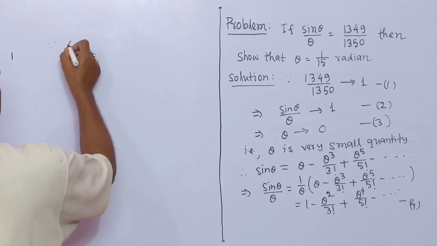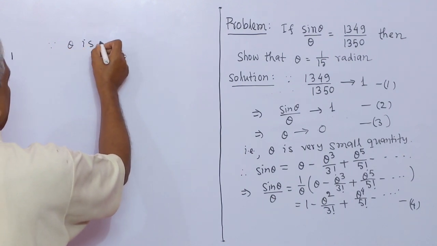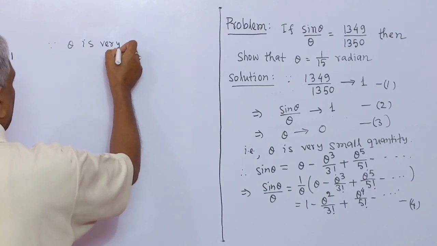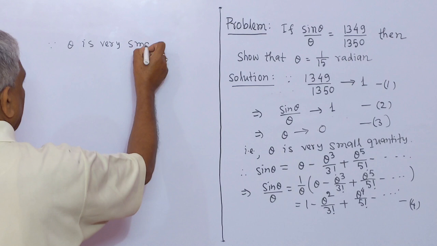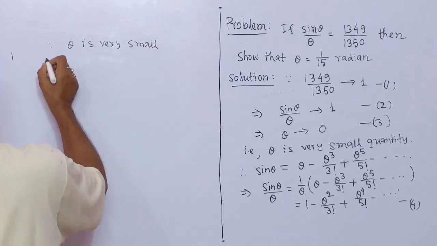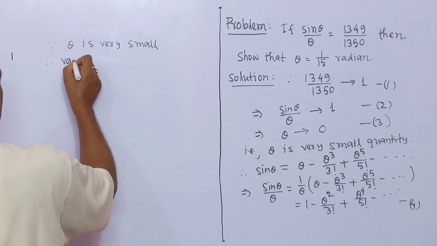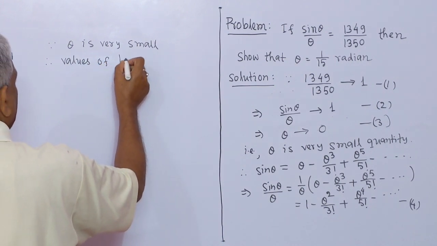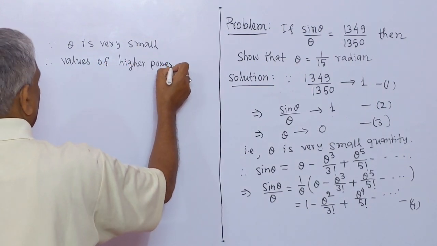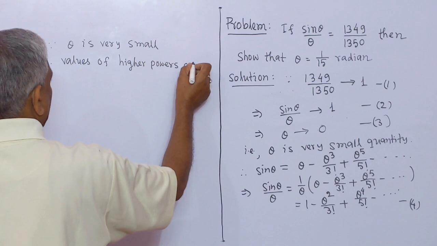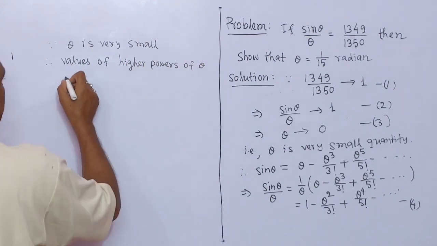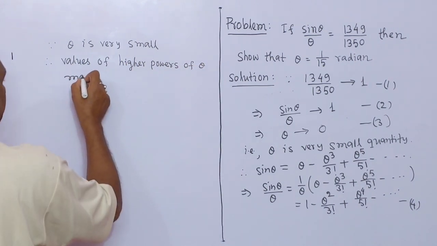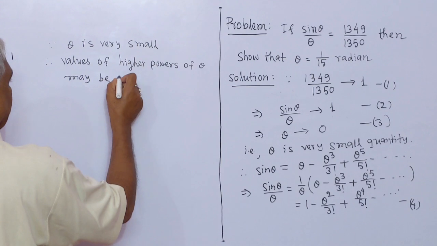Since theta is very small, therefore values of higher powers of theta may be neglected.